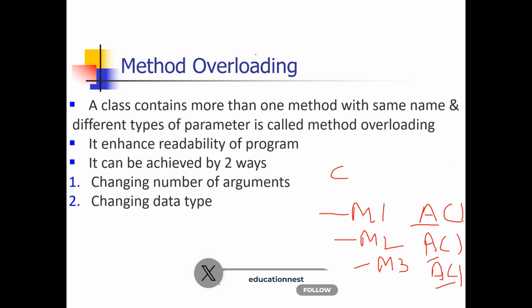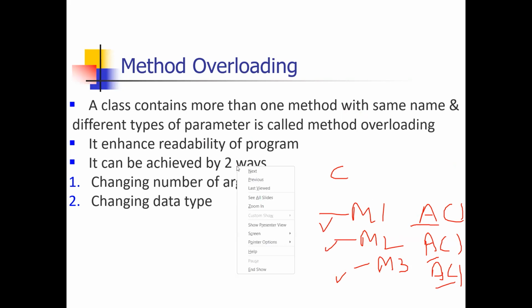That is called method overloading: more than one method with the same name and different signature or parameters.